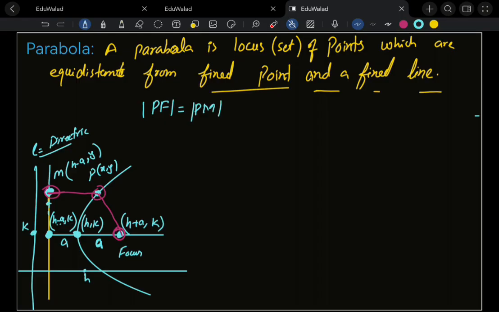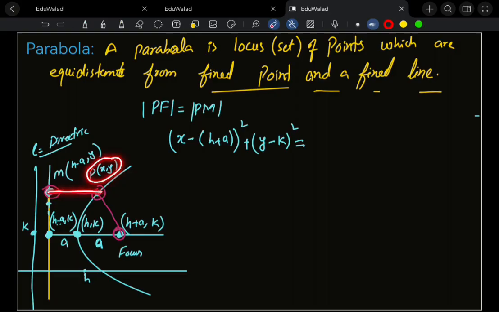First of all, write the distance of PF. Notice that we are going to find this distance first. Its P coordinates are x and y, and F coordinates are h plus a and k. So the square root of x minus h plus a whole squared plus y minus k whole squared, which equals PM. Now we are going to find the PM distance. Its P coordinates are x and y, and M coordinates are h minus a and y.